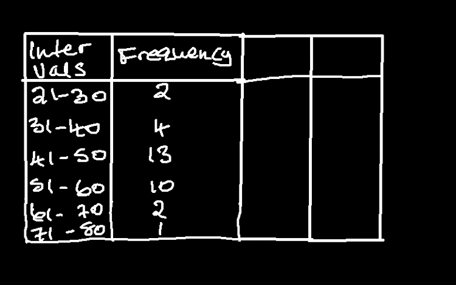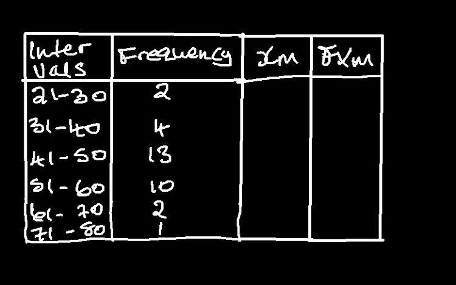This is for the midpoint, that is x subscript m, and this is the frequency, and it times the midpoint. We'll have that. So now how do you find the midpoint of the class?